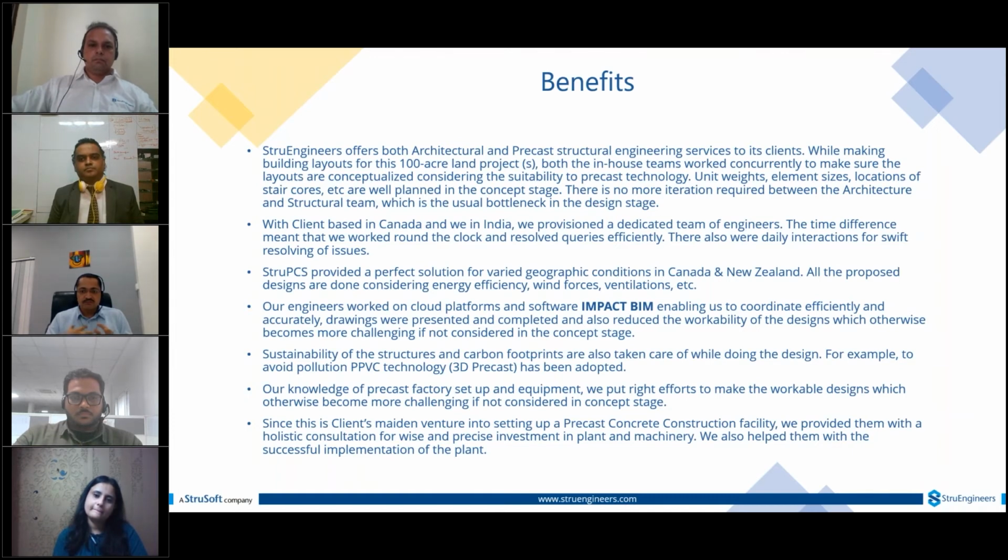But one basic value addition we bring to the table for the client is our great knowledge of precast machineries, and that is where we team up with our in-house expertise and provide a solution on which technology and which machinery is good. The client had approached other machine companies in different areas, but we gave him a very customized solution, and that is where we really benefited our client.